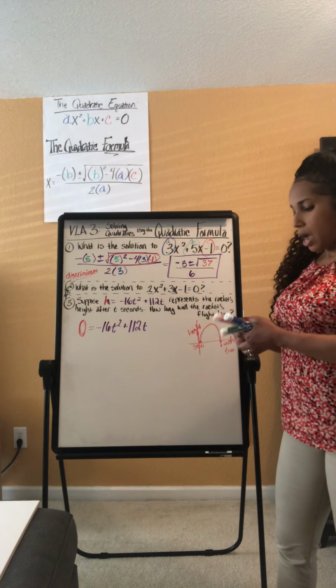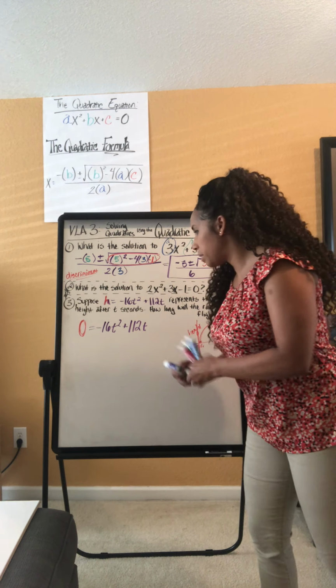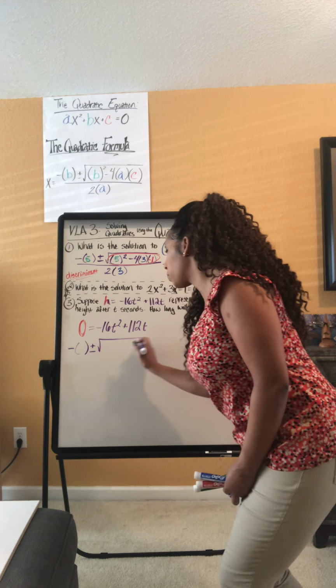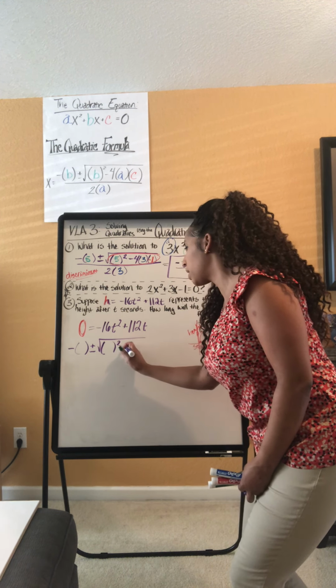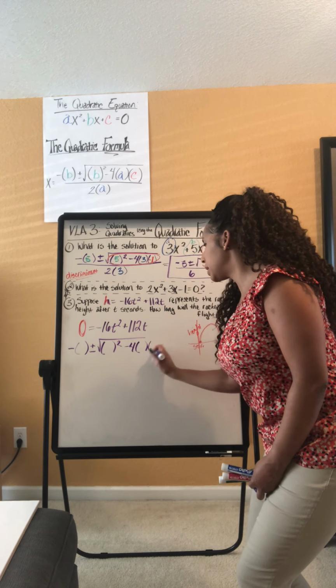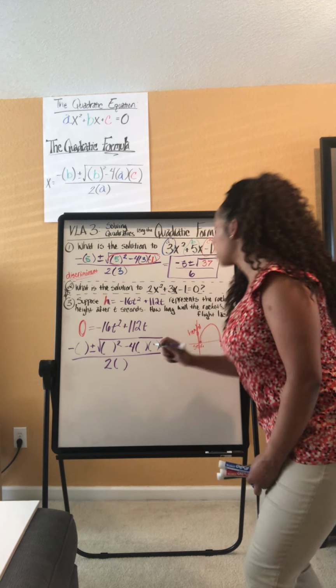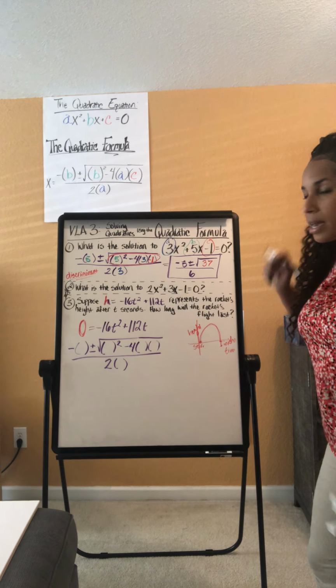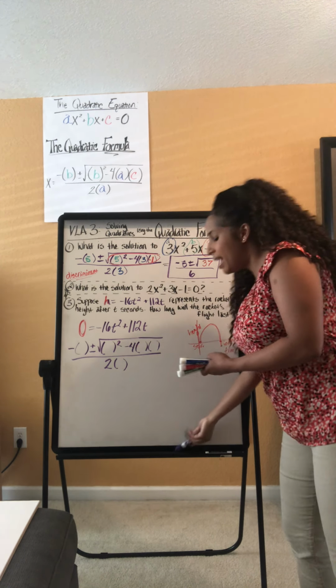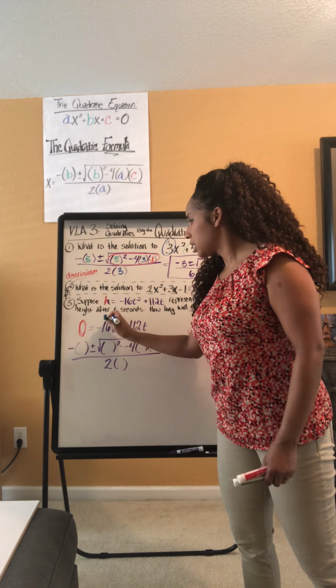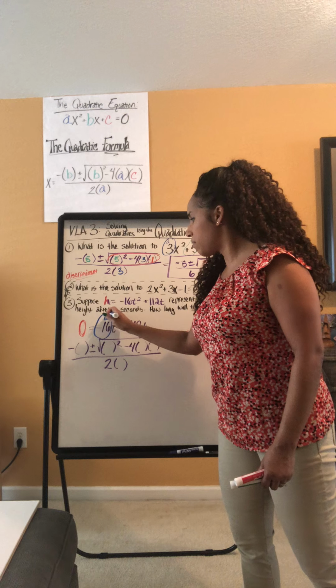Here's the thing. If I'm using the quadratic formula, I'll set it up with my negative blank plus or minus the square root of blank squared minus 4 blankety blank all over 2 blank. All right, there's my quadratic formula. Set it up with your blanks. My a is the number negative 16. Again, it doesn't matter what the variable is.